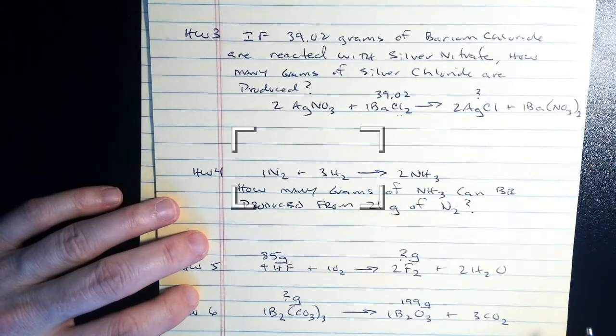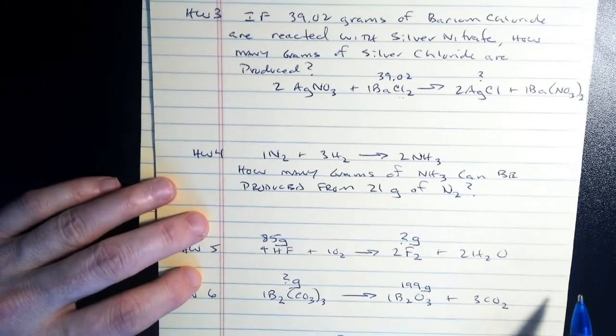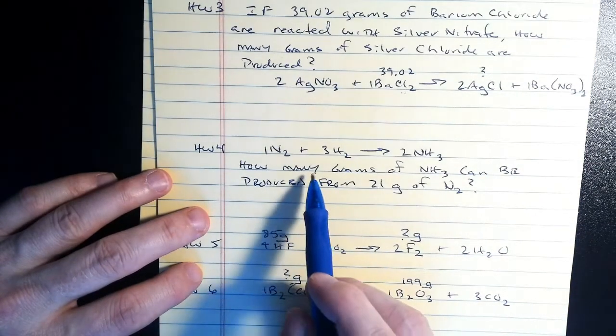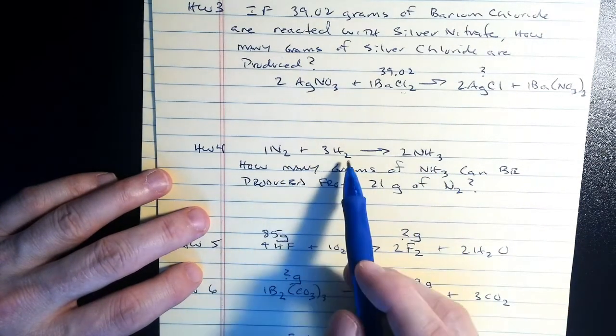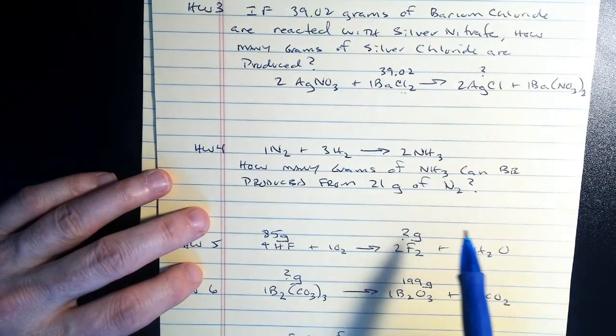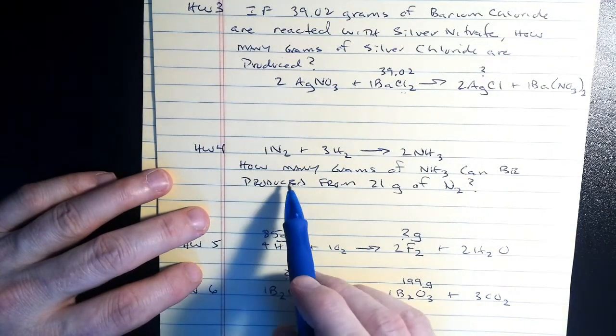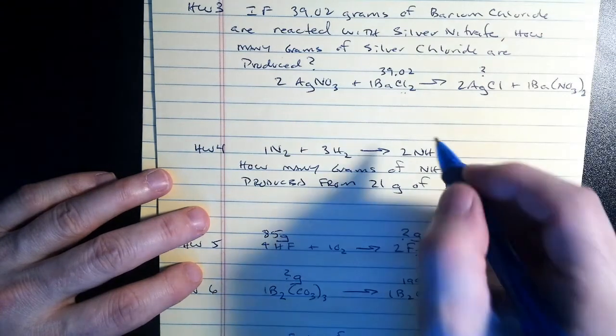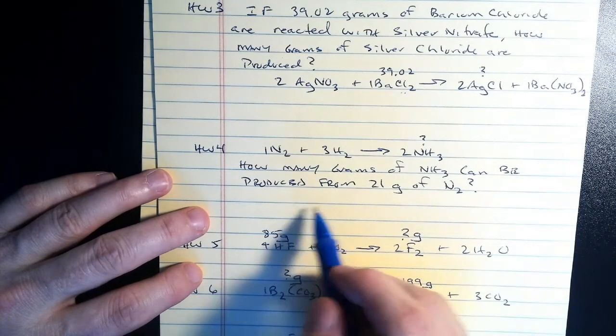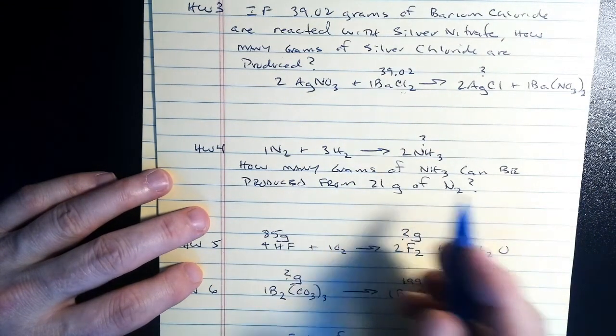On the next question, you got the formation of ammonia. N2 plus H2 produces ammonia. So you got your question, how many grams of NH3, right there, can be produced from 21 grams of N2. 21 grams, right there.